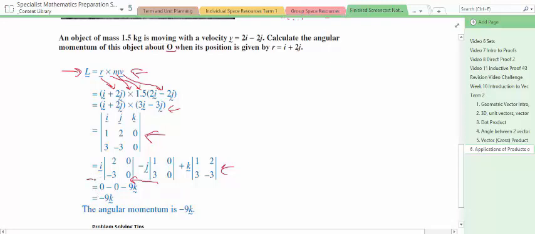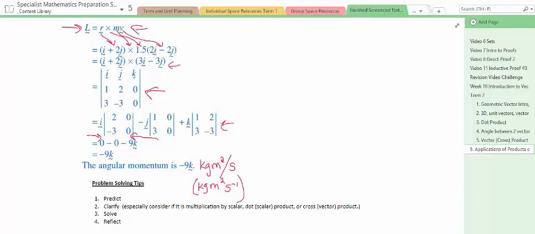You probably will, because you're just getting used to using determinants. The result is negative 9k, and we need to put in those units. So we write them in kilograms meter squared per second in either of the two forms you see in front of you there. So it's negative 9k kilograms meter squared per second. Being a vector, it needs to have ijk after it.